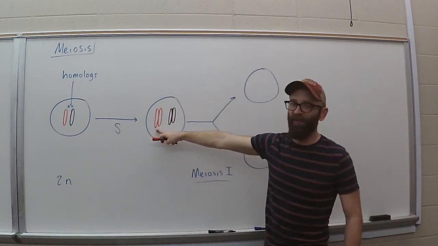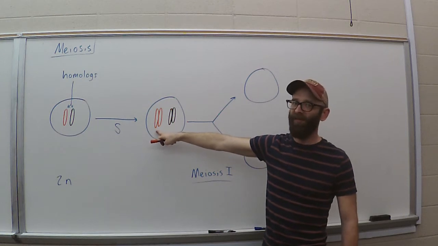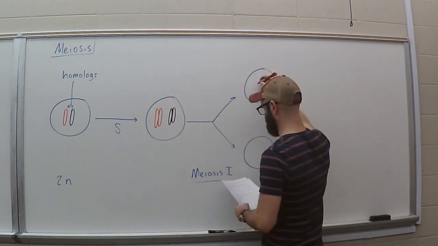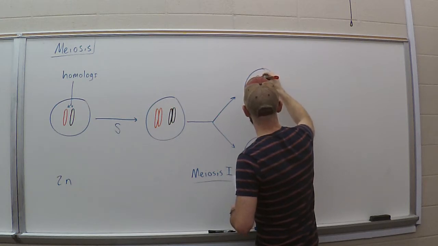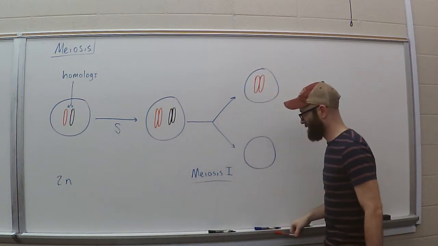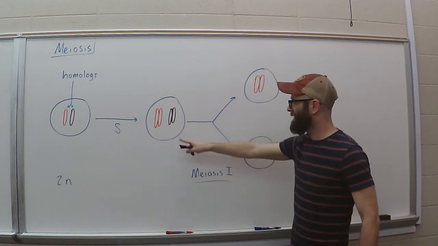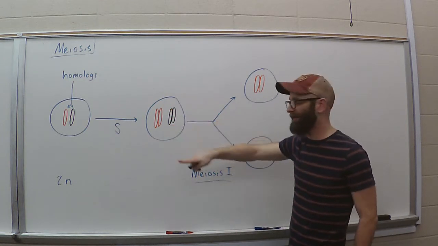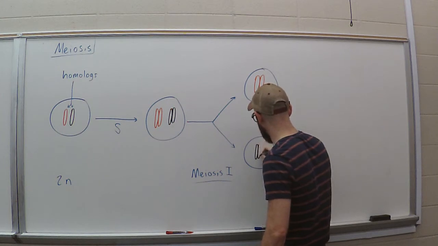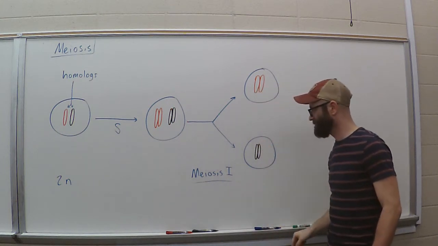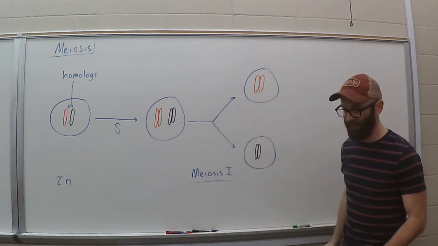So this red pair of sister chromatids will go into one cell and stay together. And then the black sister chromatids will go into another cell and stay together. All right?